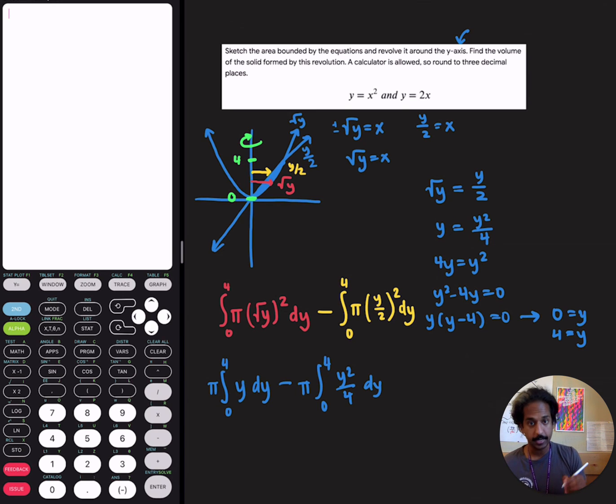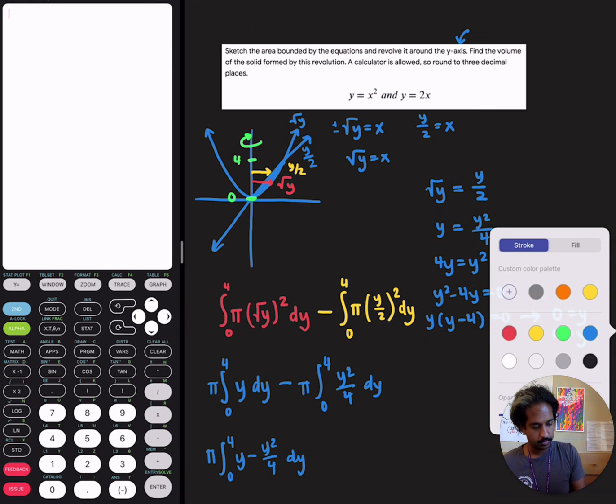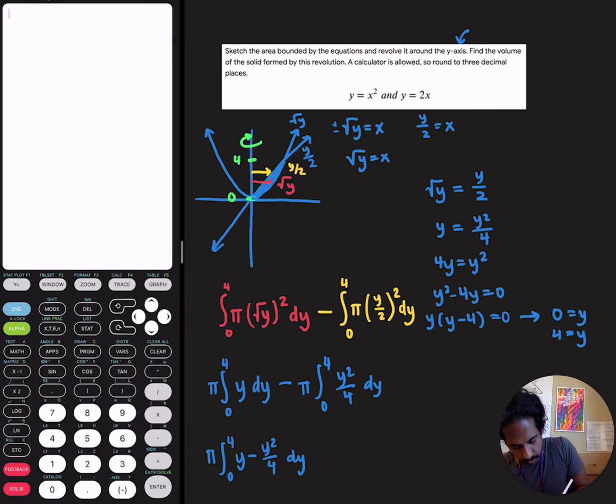I can combine these two, and so I'm going to get pi times the integral from 0 to 4 of y minus y squared over 4 dy. This will tell us the volume of the solid that's made when we rotate this little sliver. I'll come back around and show it. This blue part around the y-axis will make some solid like that.